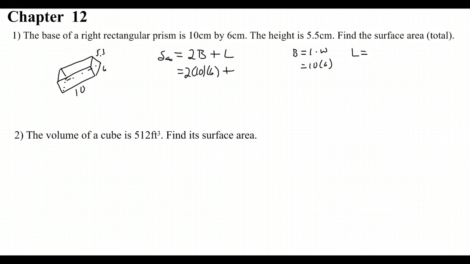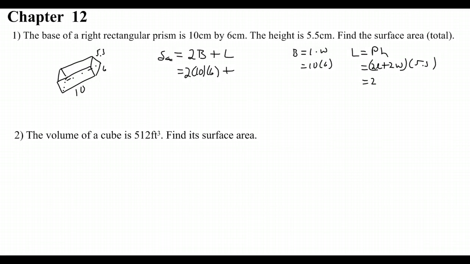My lateral area, since this is a prism, is the perimeter times the height. Remember, my perimeter is 2L plus 2W, and my height is simply 5.5.